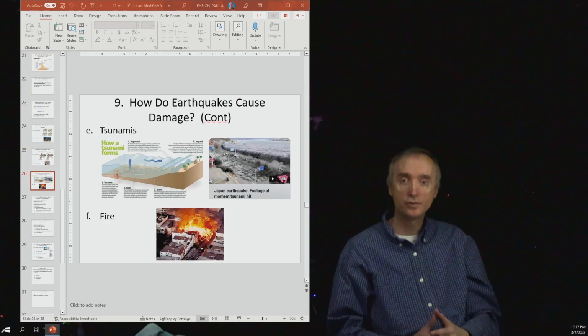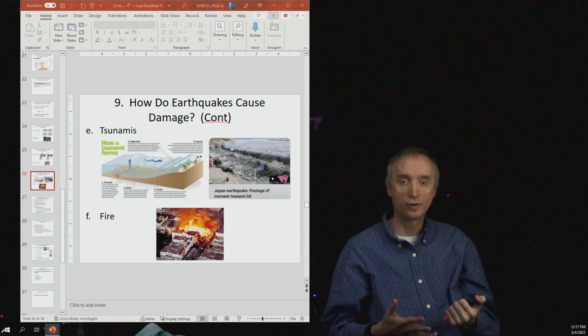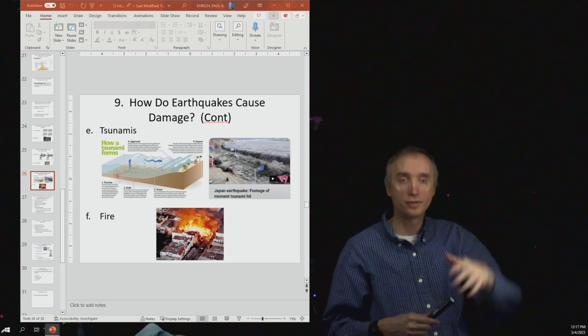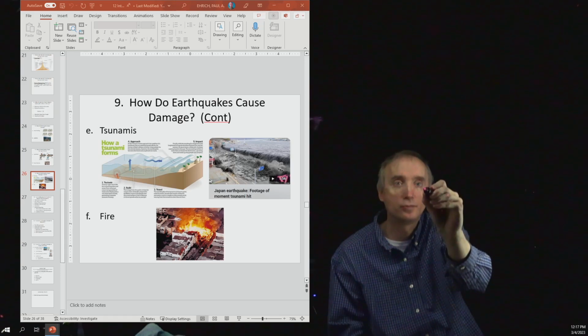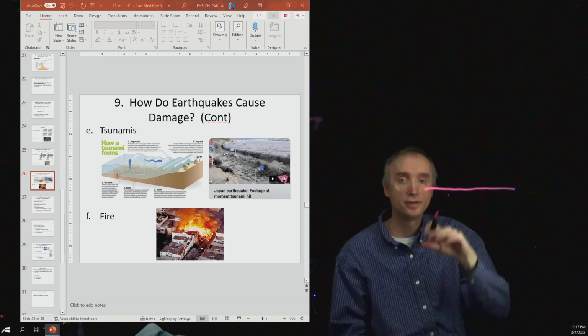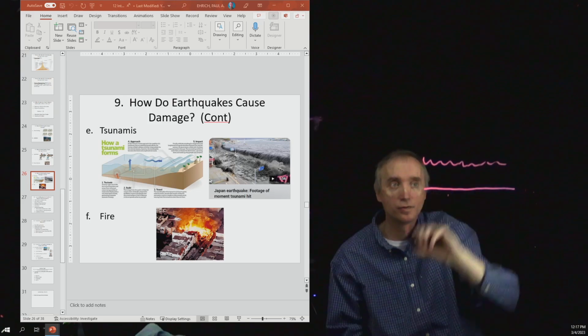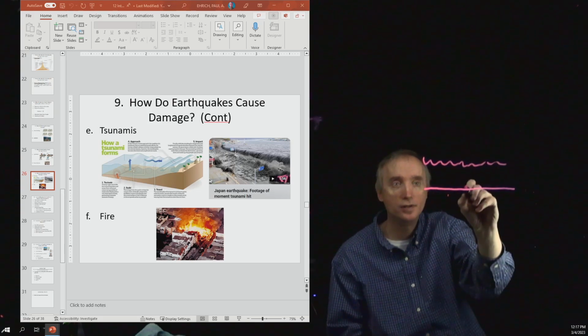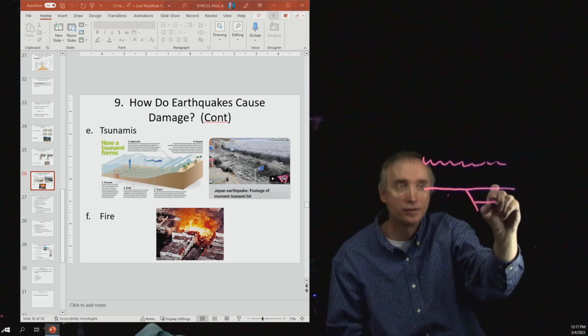All right, then you've got tsunamis. So let's talk about this. In a typical tsunami, one of the results of an earthquake is that the ground is going to lower. Let's say that here's the surface of the ground, and this is going to be underwater. Here is the surface of the water, and then for some reason, this thing slides down to here.